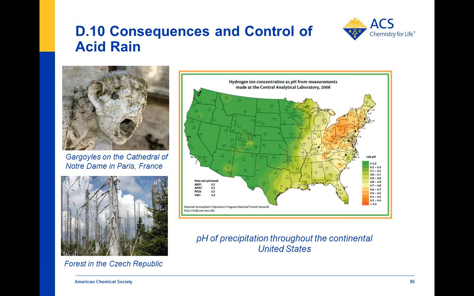So again, we have a graph, and we can look at the pH of precipitation throughout the country, and we'll take a look at why, even though a lot of the coal-fired plants are right around here, kind of near where I live, it's a problem in the Northeast.